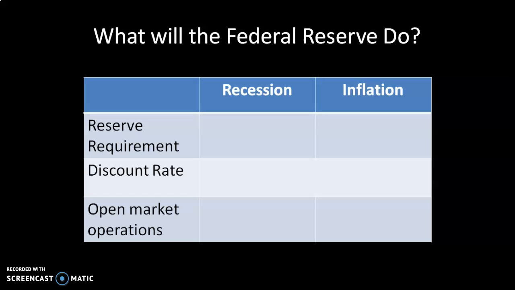They bought billions and billions of dollars worth of bonds in open market operations to increase the cash available to banks. And the reserve requirement, in most instances for most banks, was actually lowered to zero. And that still exists today.